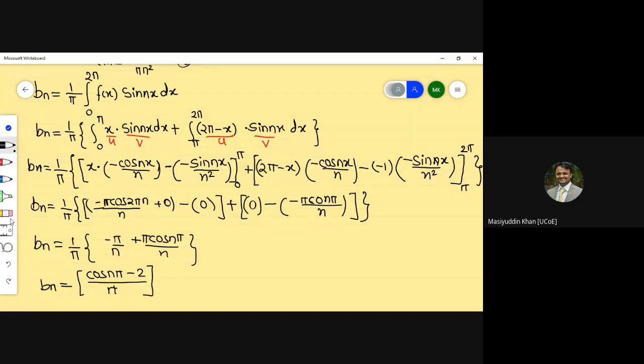And at the end, if you observe this part, pi pi get cancelled, so you will get only cos n pi minus 1 by n. पाई सब्स्टिट्यूट करेंगे तो पाई इंटू आएगा, 2 पाई नहीं आएगा, वो हमने मिस्टेक किया था. और यहाँ पे भी आपको मिलना चाहिए था, सॉरी.